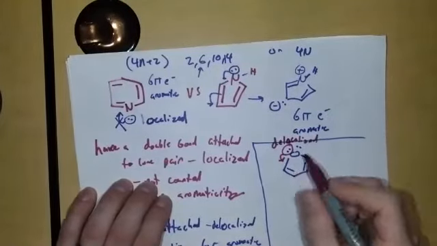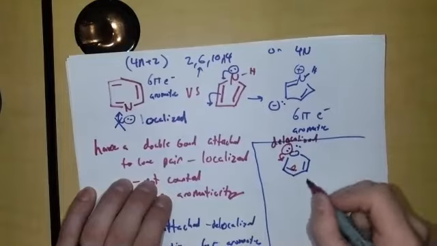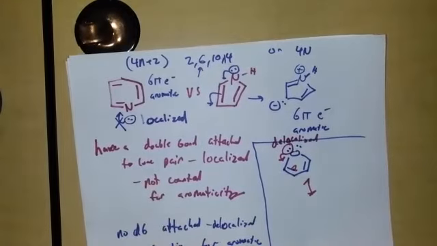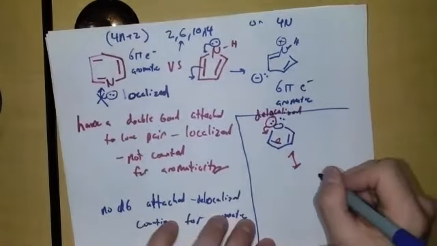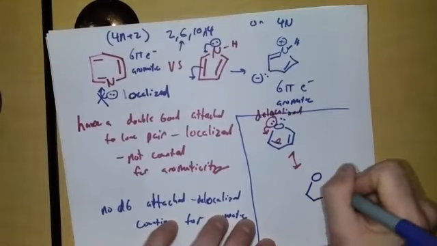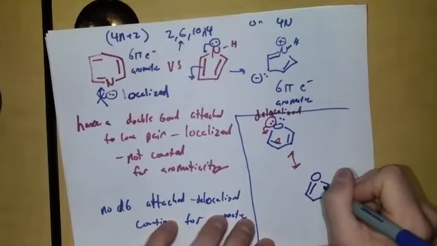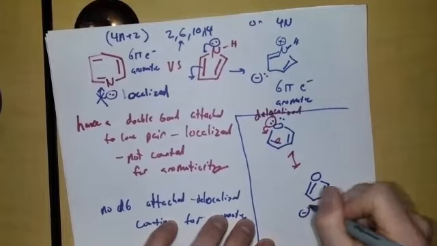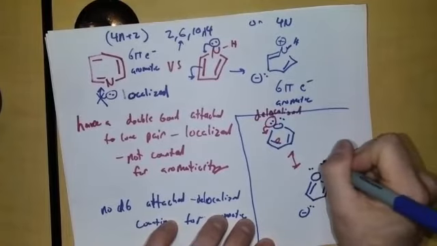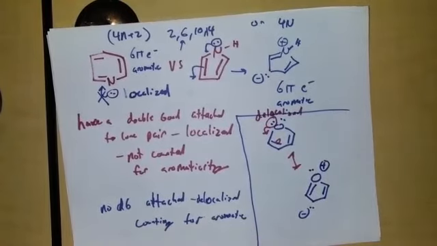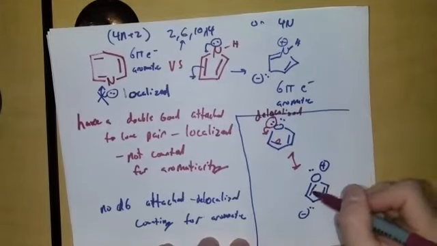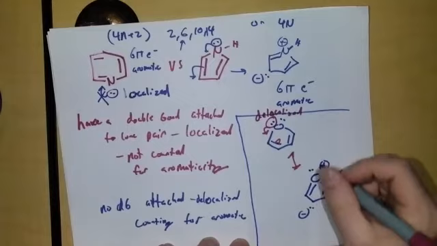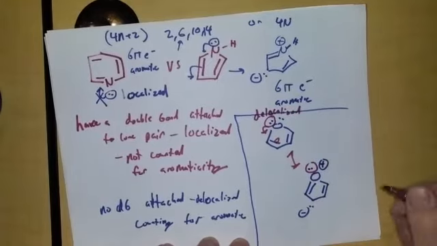It can move in to do resonance. I'm going to get what looks like this here. Now my oxygen has a double bond attached to it, which means that this other set is going to be localized.